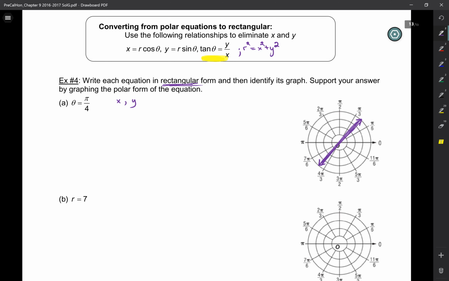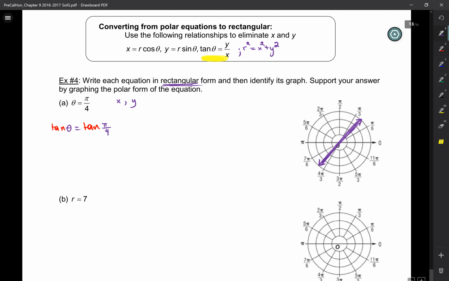So what do I do here? Just like in previous things, we all like taking the logarithm of both sides. We take the tangent of both sides, okay? So I say tangent of theta is equal to tangent of pi over 4.